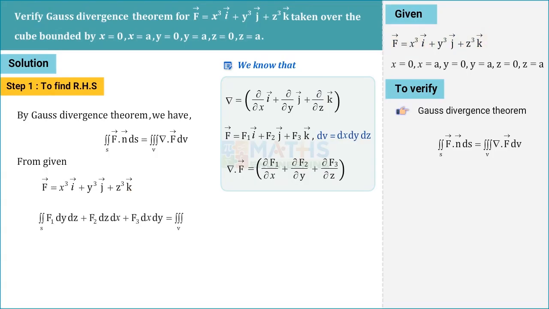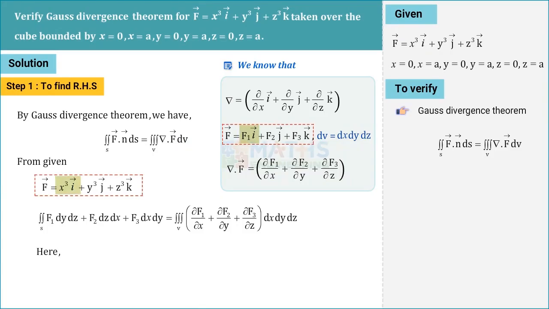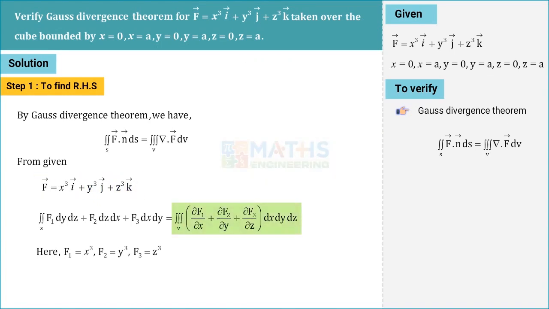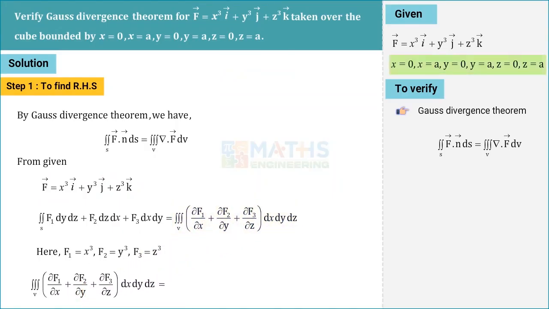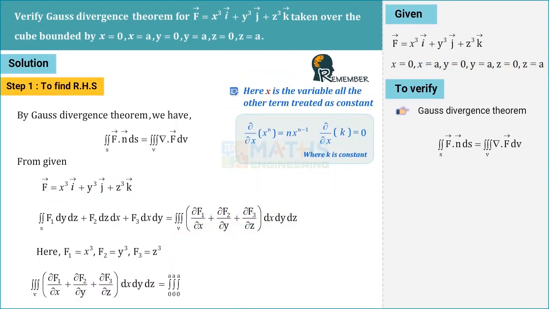Our right hand side is triple integral over V of del dot F vector dV. That is equal to, we replace del dot F vector value and dV value. From F vector, what is F1? F1 is x cube, F2 is y cube and F3 is z cube. We replace in the right hand side ∂F1 by ∂x, differentiation of F1 with respect to x.